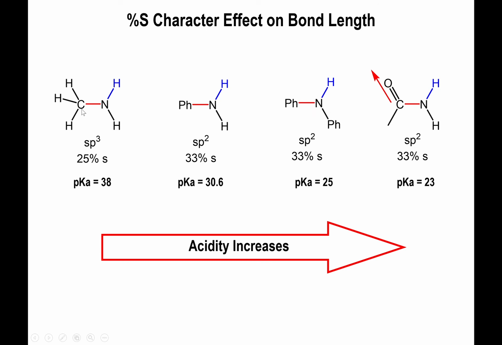So what ends up happening is, going from sp3 to sp2, you see a decrease in the pKa from 38 to 30.6. Adding a second phenyl ring onto the nitrogen adds an extra sp2 carbon that's withdrawing electron density. So you see another drop in the pKa of the substance. And for a carbonyl compound, that's technically an sp2 carbon, but in addition to that sp2 hybridization, it has a really highly polar bond, which by induction also removes electron density from that nitrogen, and gives you an even lower pKa.